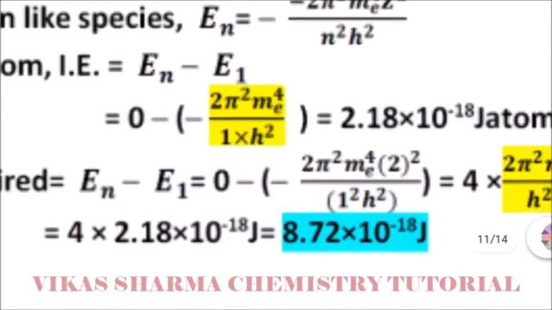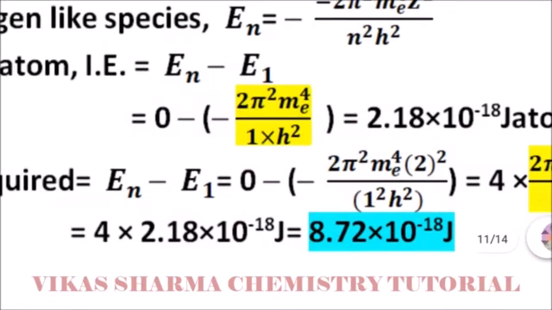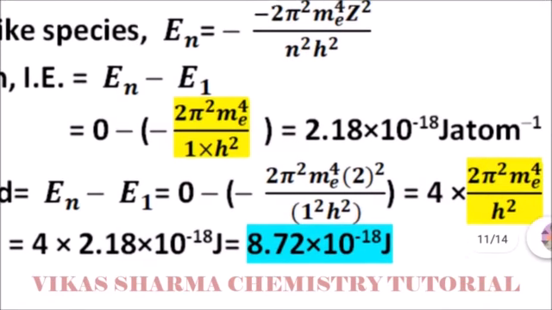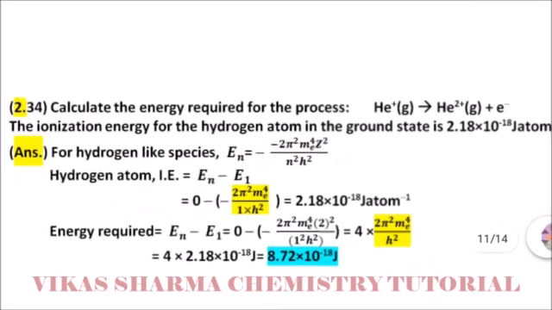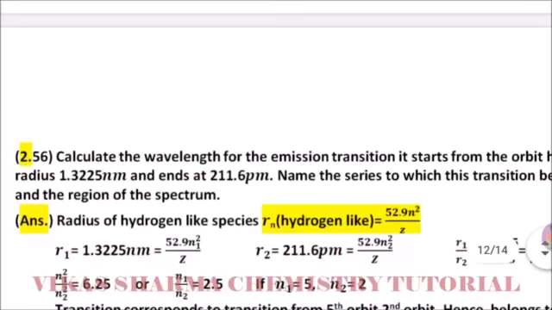This value is the same, so we multiply by 2.18 × 10^-18 joule. It is equal to 8.72 × 10^-18 joule. So students, it's another type of question based on the ionization energy. So you have to use this method.